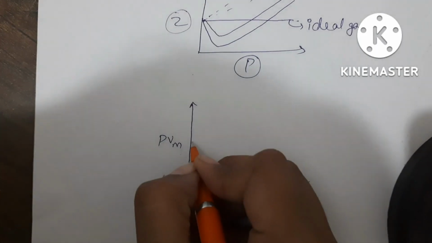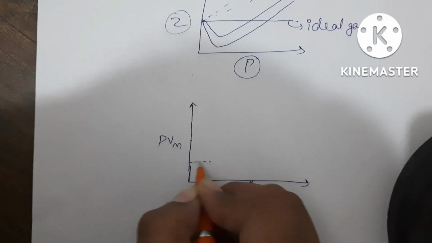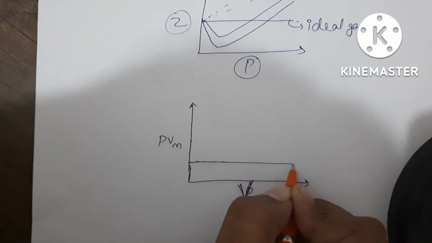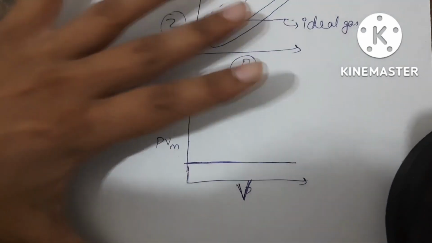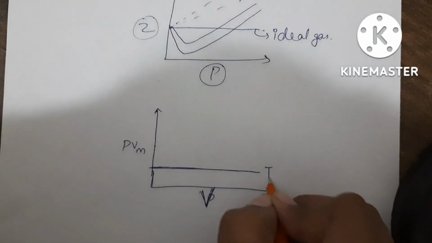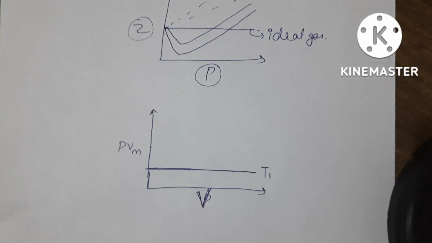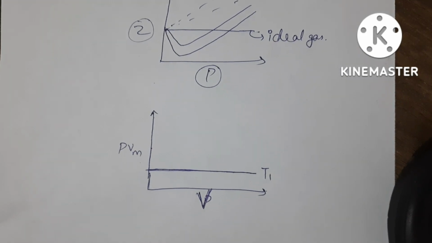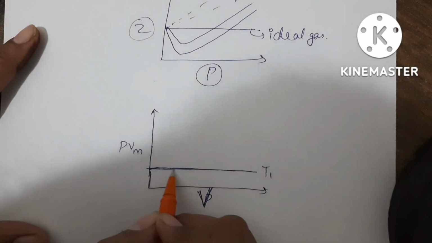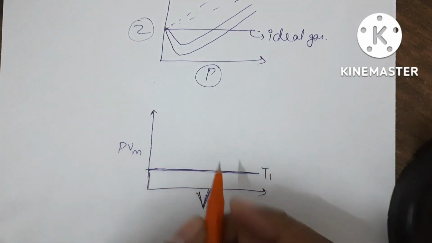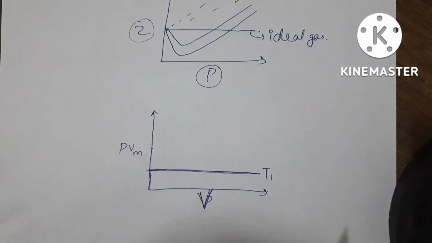According to Boyle's law, for a particular temperature of an ideal gas, say T1, it should be a straight line, because Boyle's law states that at constant temperature and fixed mass, PV is constant. So if we change the volume, there is no change in the PV value.